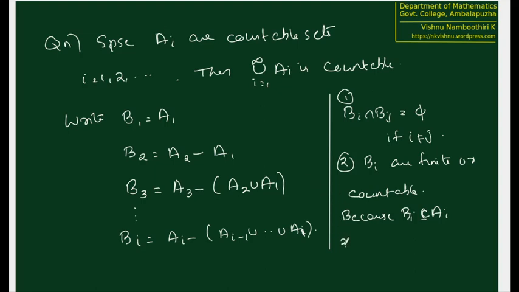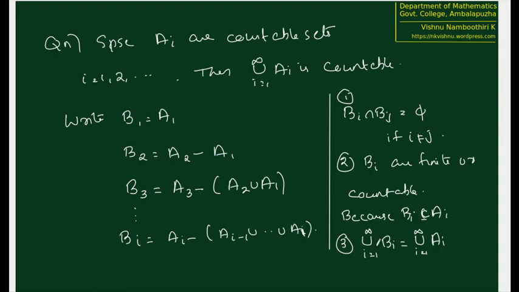And the last property, which is very important, is that union i equal to 1 to infinity Bi is the same as union i from 1 to infinity Ai. This is because B1 already contains A1. Now B2 contains A2 minus A1. Therefore whatever elements we have removed from A2, those elements are all in A1. Therefore B1 union B2 is nothing but A1 union A2. Now B1 union B2 union B3 is nothing but A1 union A2 union A3.